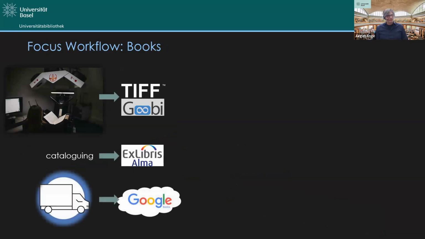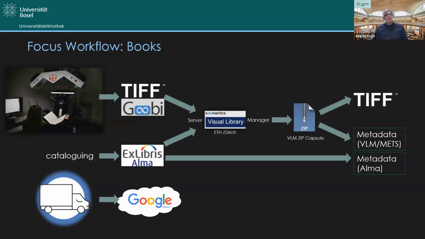So if we want to be faster, we just get a truck and send everything to Google, and they do it for us. So much more performance, but less quality. For our internal workflow, we are using a software called Visual Library, which has a server and a manager, which is maintained by another university in Zurich.